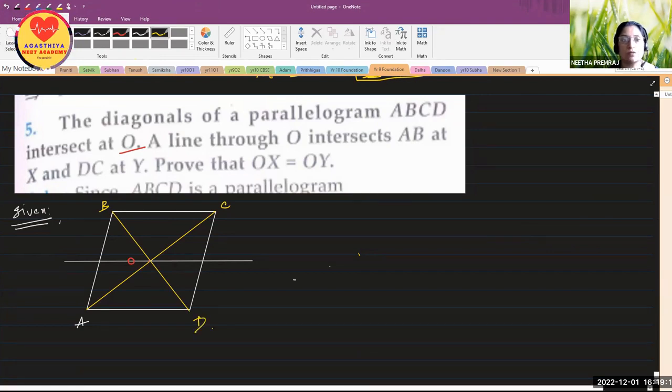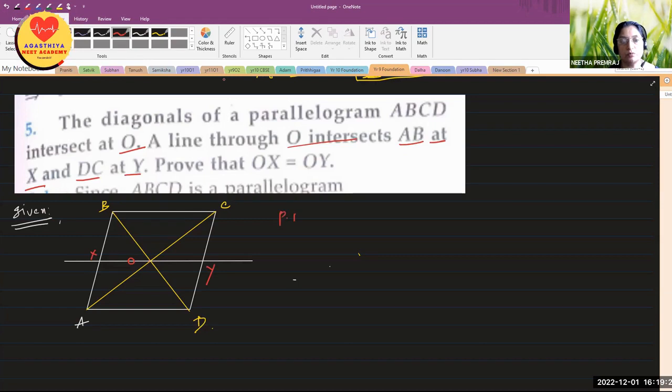So the line through O intersects AB at X and DC at Y. Prove that OX is equal to OY. Yes, guys, what is the idea?